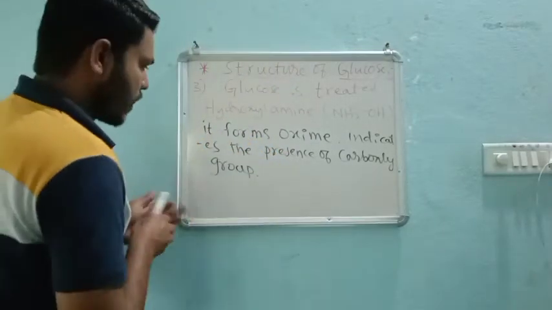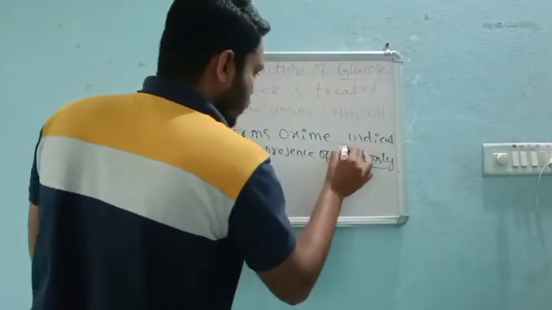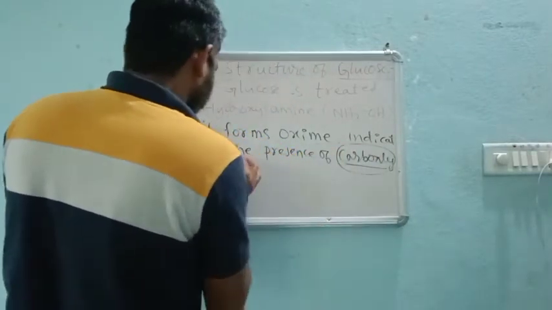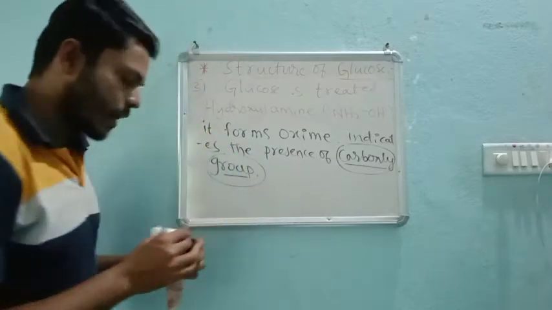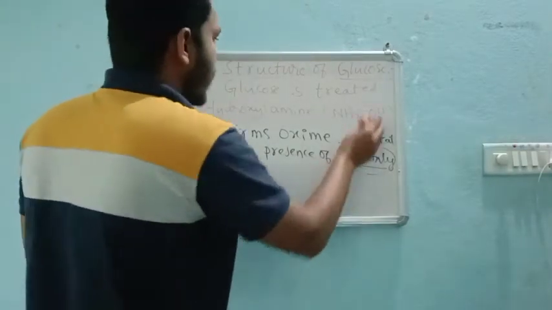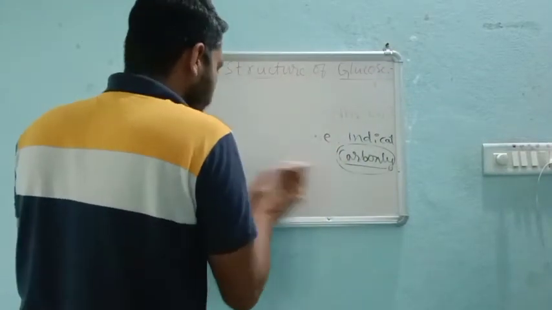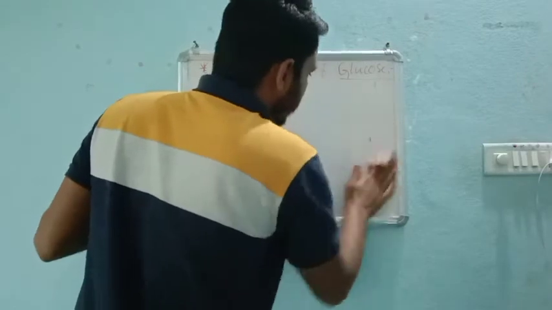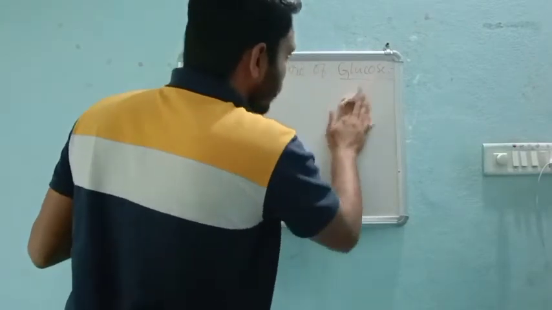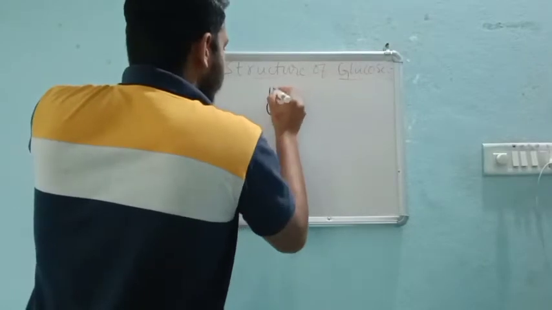So you just remember this point. I will introduce you to what a carbonyl group is. This is very important. We have carboxylic acid, aldehyde, and ketone. In those also, the carbonyl part is very important. But that chapter is not yet completed, so I will just give a hint about the carbonyl group. Carbonyl group means like this.